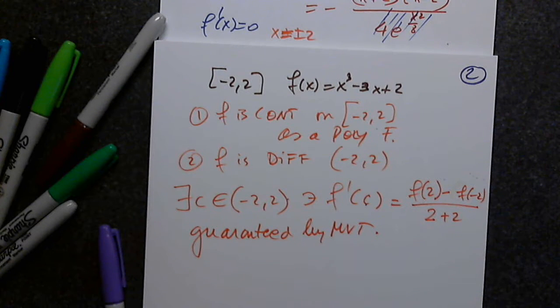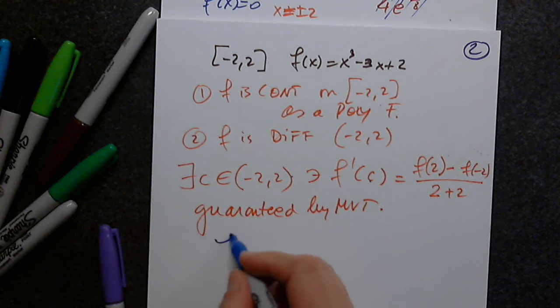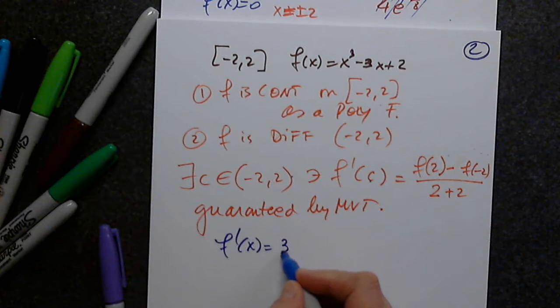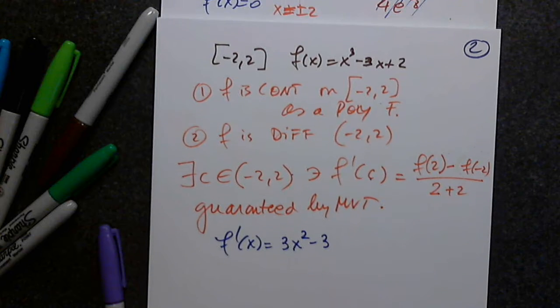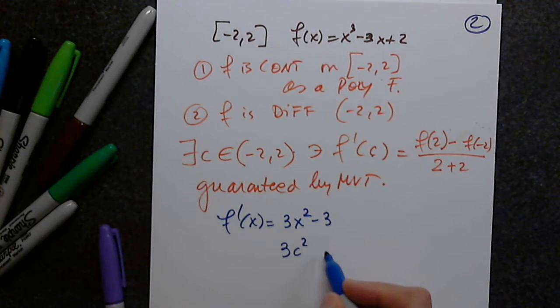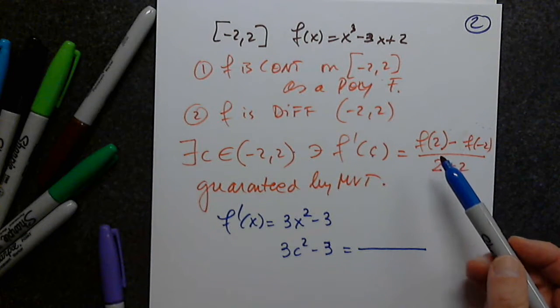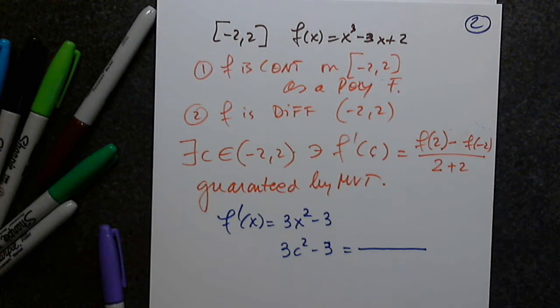So, find f prime of x first as 3x squared minus 3. Plug in C: 3c squared minus 3 equals... Find f of 2: 8 minus 6 plus 2 is 4.